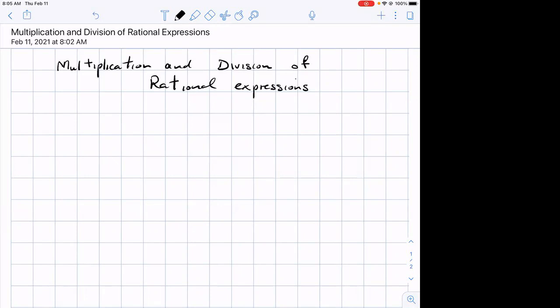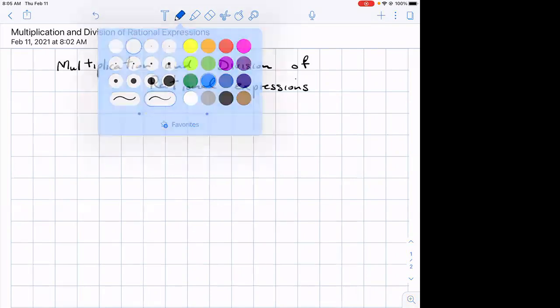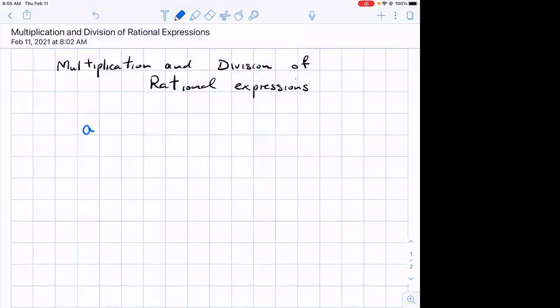We know that if you have A over B times C over D, each one of these is a fraction.